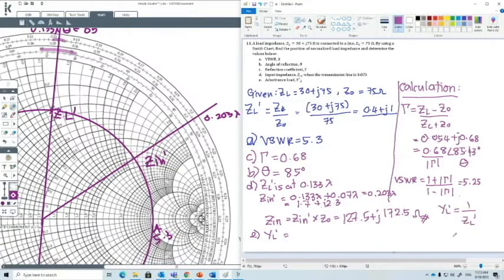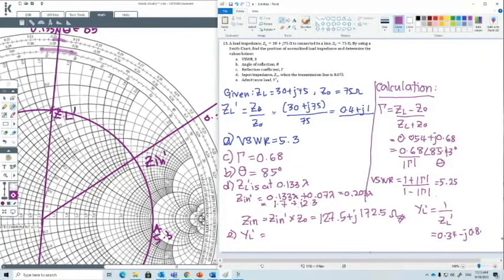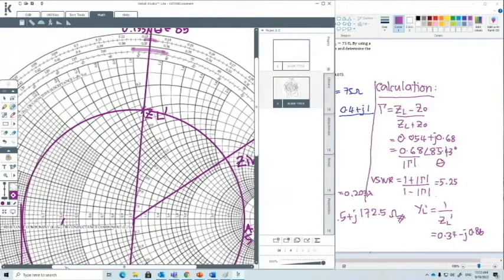So if you put your value of ZL prime, you will get 1 over ZL prime is 0.34 minus J 0.86. So let us check whether it is correct.